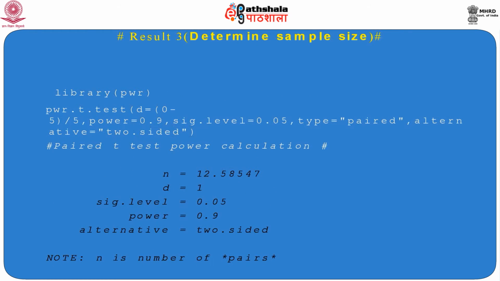Now coming to another package, that is library pwr. This package is useful to calculate the power as well as the sample size. In this package we will use the function pwr.t.test, where d equals (0 minus 5) divided by 5 will be assigned. Basically this test is useful as a paired t-test.